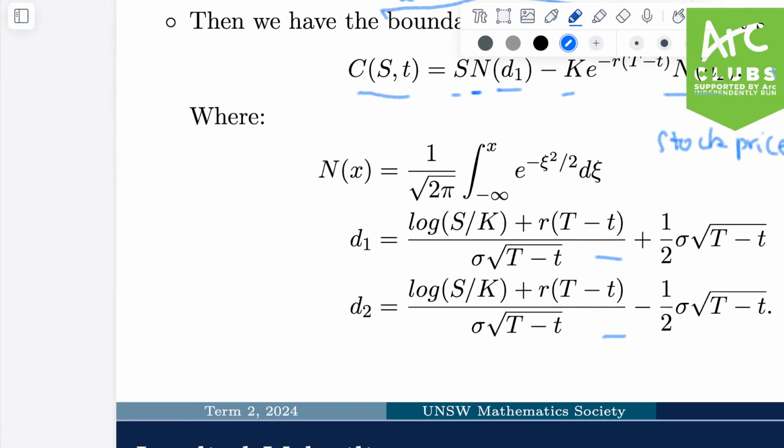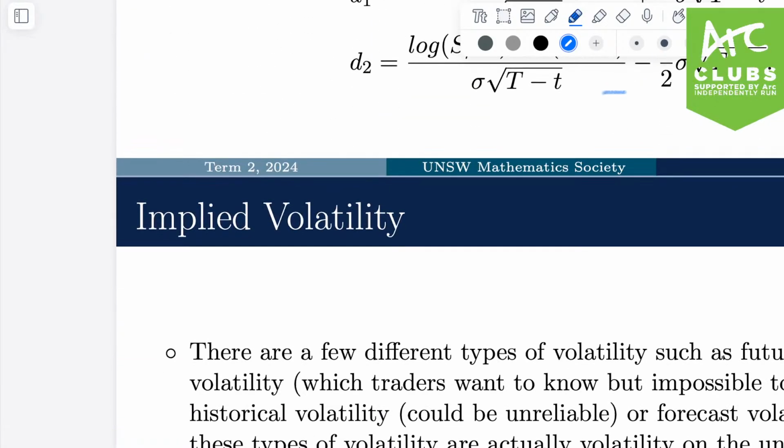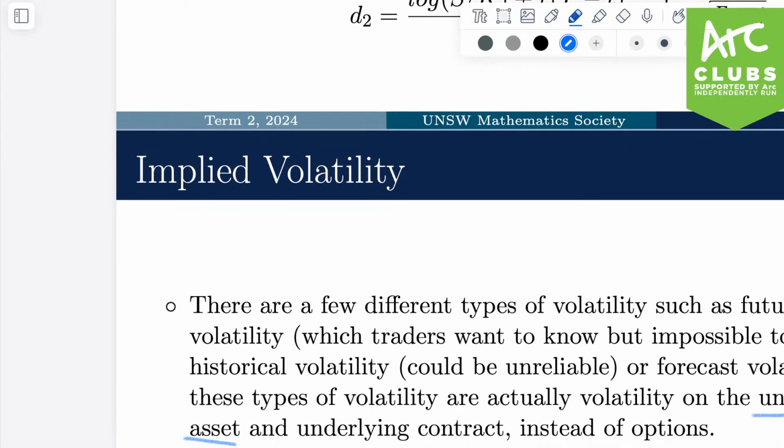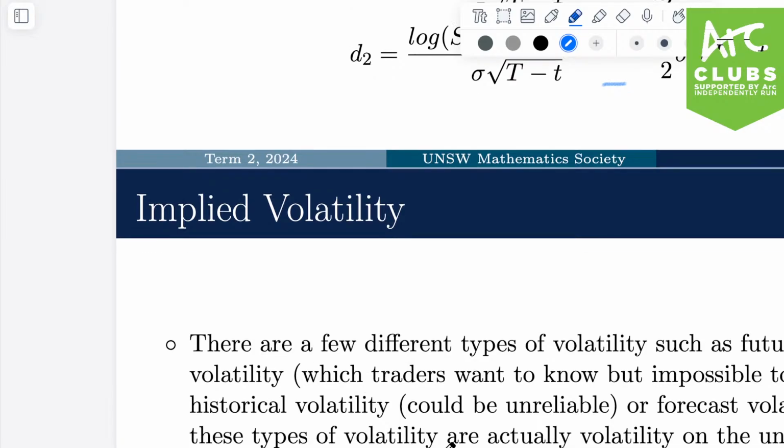So if we have a formula on how to price a call or put option, and implied volatility comes from the call or put option, then we can use what we have above to estimate the implied volatility. You want your implied volatility to be a value such that the call option price is the market price of the call option.